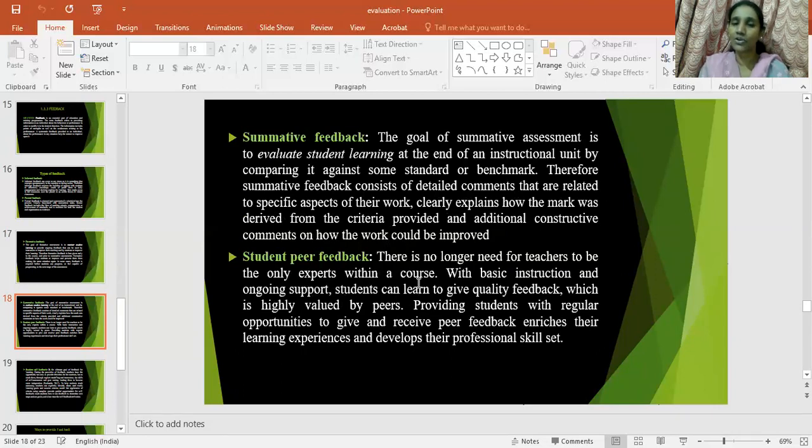Here the teachers are not the only ones giving feedback. With basic instruction and ongoing support, students can learn to give quality feedback. Here the students also learn how to give quality feedback. It means the students are going to give feedback regarding the teacher and the teaching learning method, and all the feedback they give is highly valued by the peers.